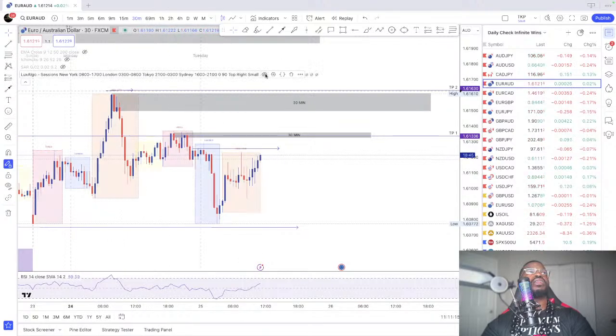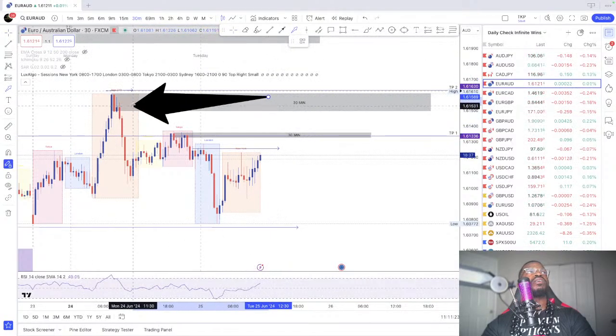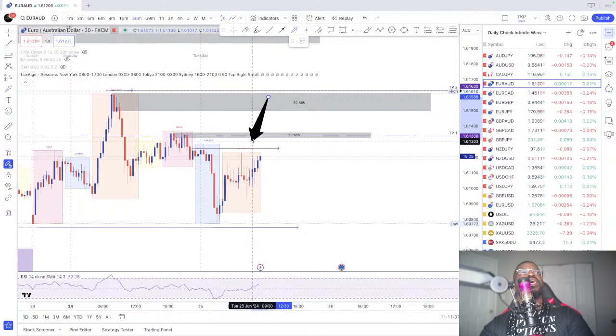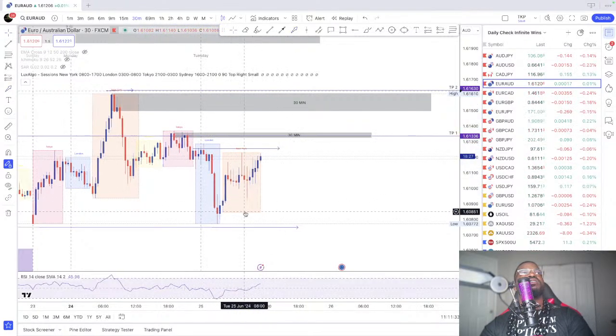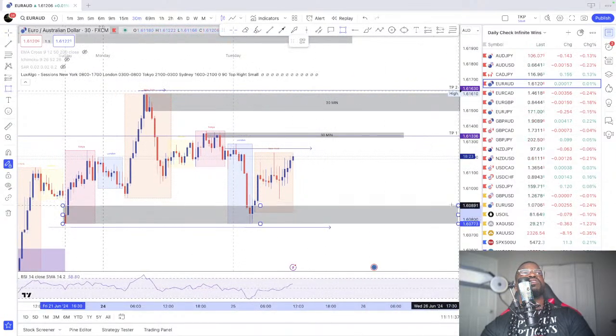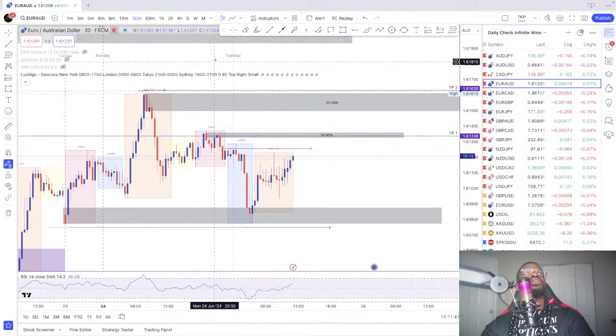It's probably London's Tokyo session. So let's see what happens. Right here at these highs, we got Tokyo. And right here is New York. I'm pretty sure it's going to break above these London highs to retest this area. And honestly, since price has been moving in consolidation, there's a good chance you can see a retest of the London lows.